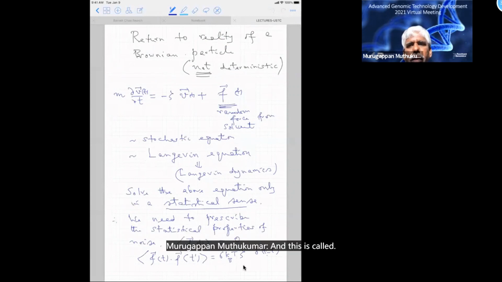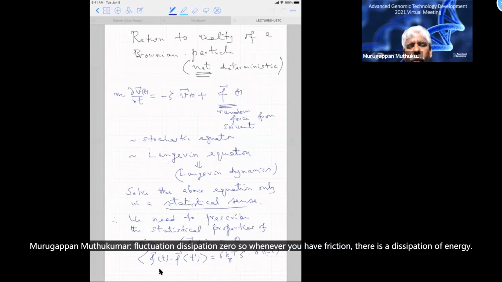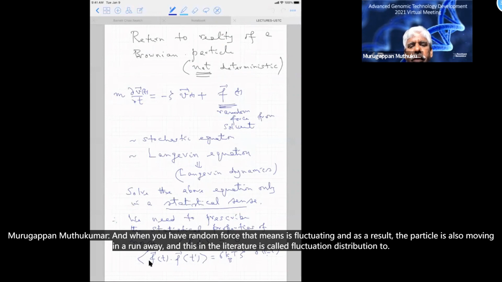And this is called the fluctuation dissipation theorem. Whenever you have friction, there is a dissipation of energy. And when you have random force, that means it's fluctuating. As a result, the particle is also moving in a random way. This in the literature is called the fluctuation dissipation theorem.